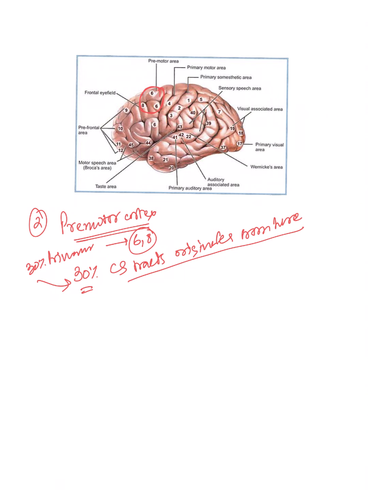See, now I am giving you an example. A pen is lying on a table and you are sitting here. If you have to do a fine skilled movement which does not require any kind of plan or integration, this is something I can do just with the help of the motor cortex.